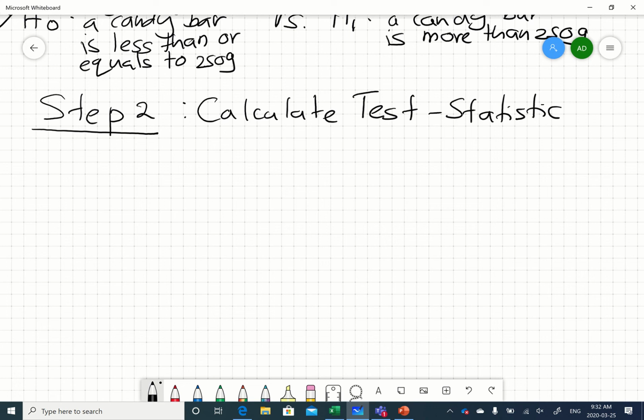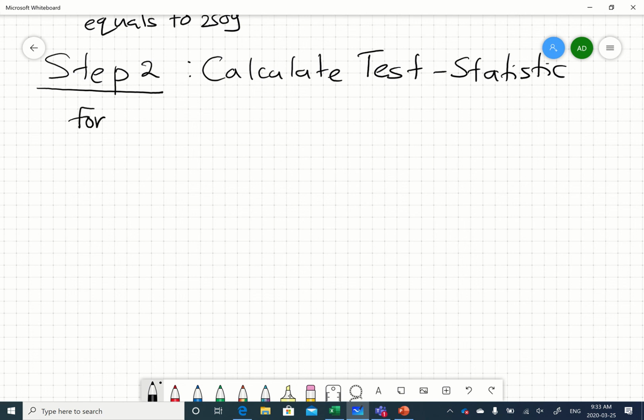Remember from confidence intervals, we used a z value if you have the population standard deviation. We use a t value if you have the sample standard deviation. So the same thing goes here as well. Either way, this test statistic is just a value we calculate using our sample information.